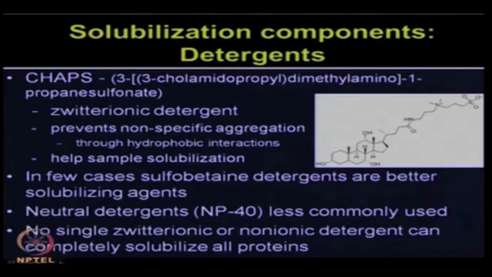Depending upon your sample type, different detergents could be useful. In a few cases, ASB-14 or sulfobetaine detergents are better solubilizing agents. You also have the option of using neutral detergents such as NP-40, although they are less commonly used.